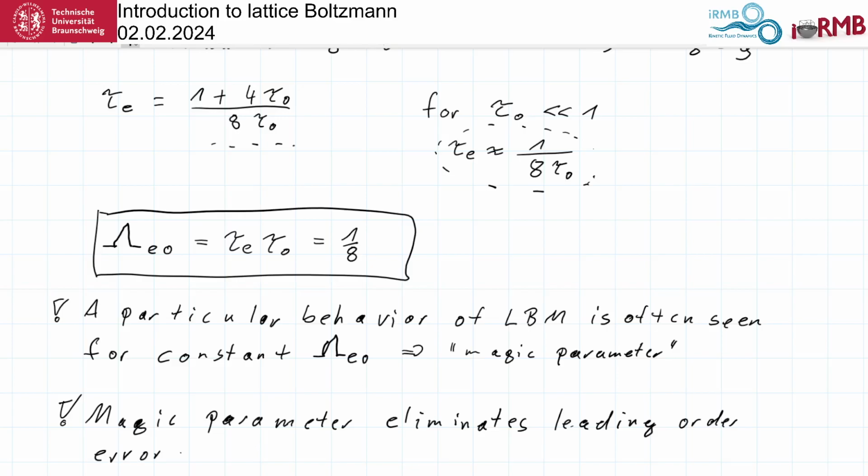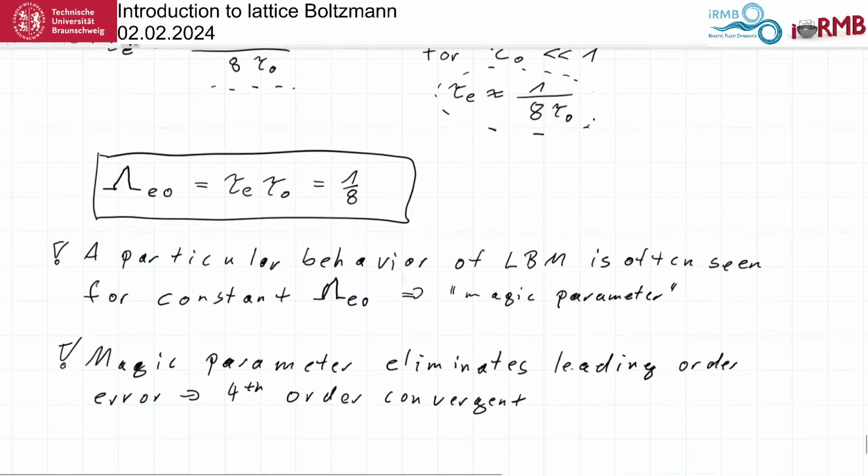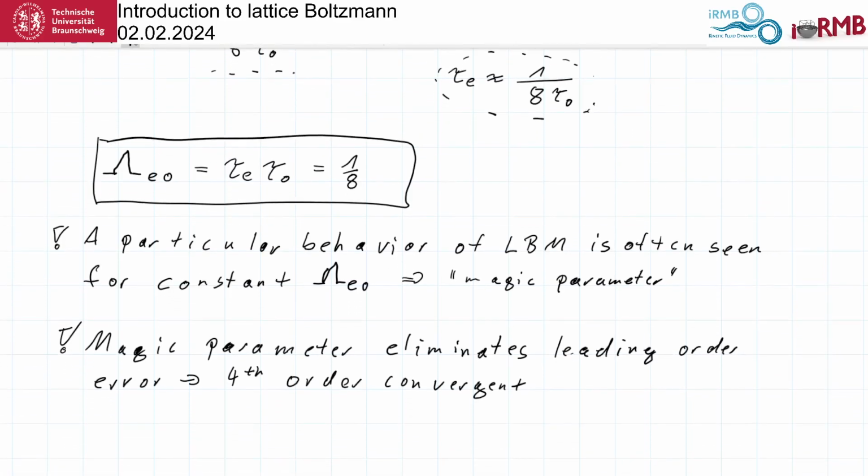Now it's up to you to prove me wrong. So it's first order convergent. Of course, only if you use appropriate initial and boundary conditions, because they were excluded from the analysis.